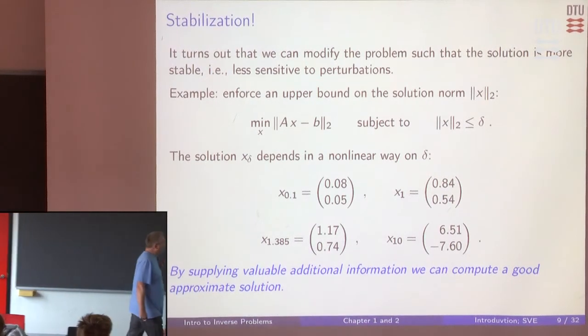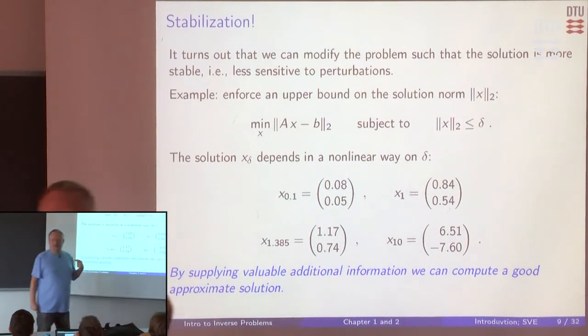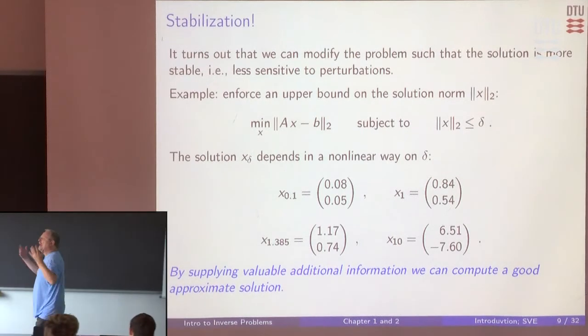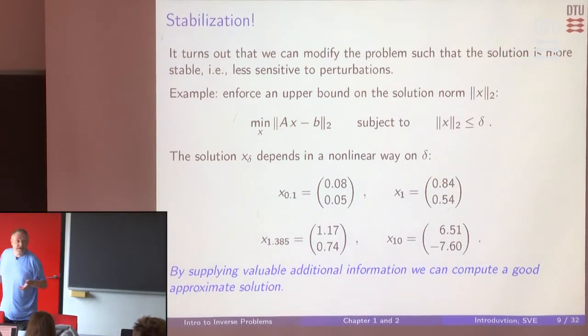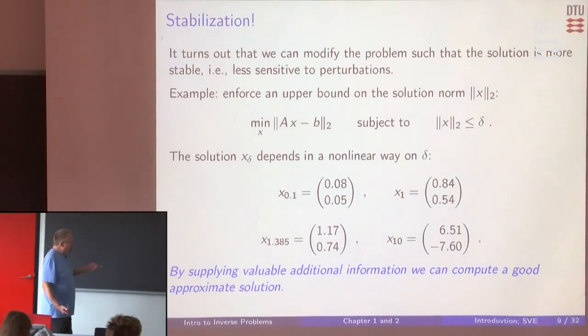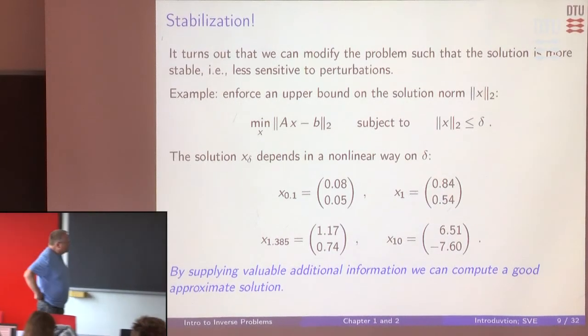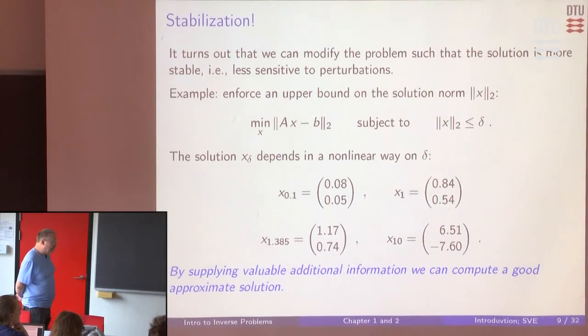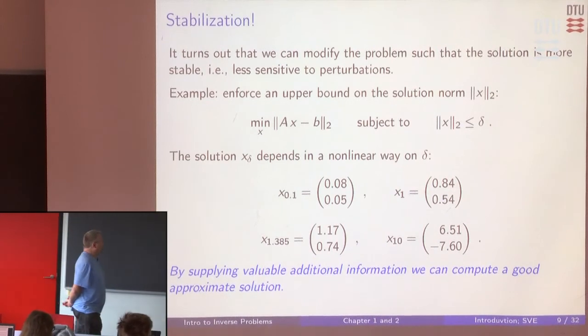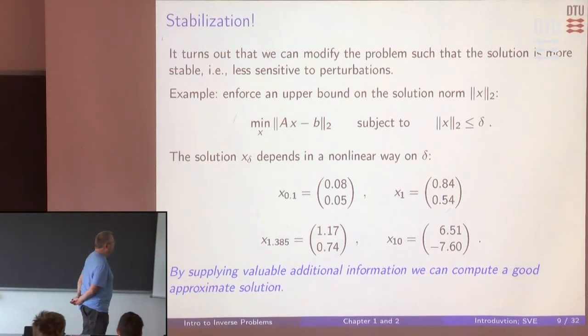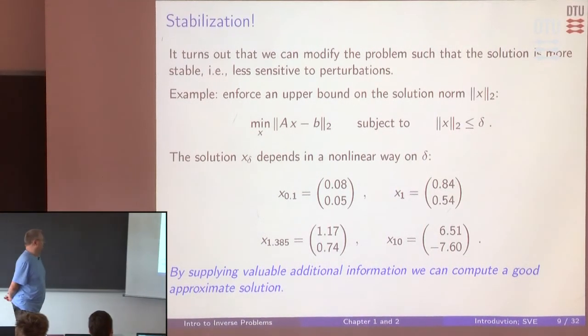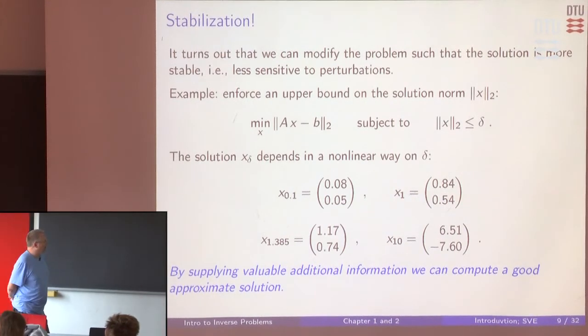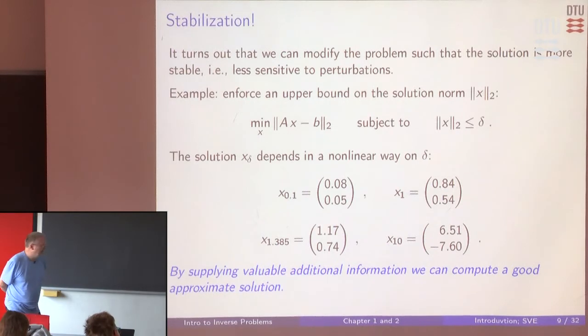If I say delta equal to 10, for example, so I allow the components of my x to be large, then I get a large solution, and it's a bad solution, really. If I restrict the norm of my solution to be small, for example 0.1, then of course I do get a solution with small elements in there.